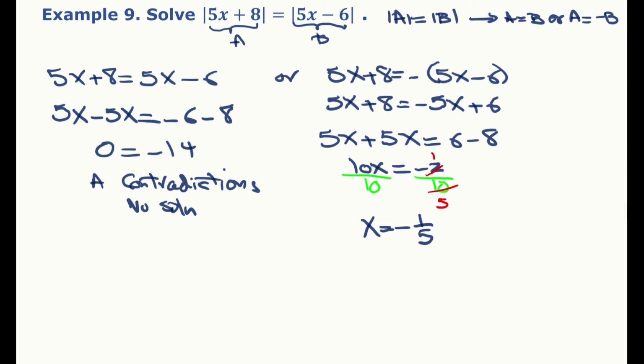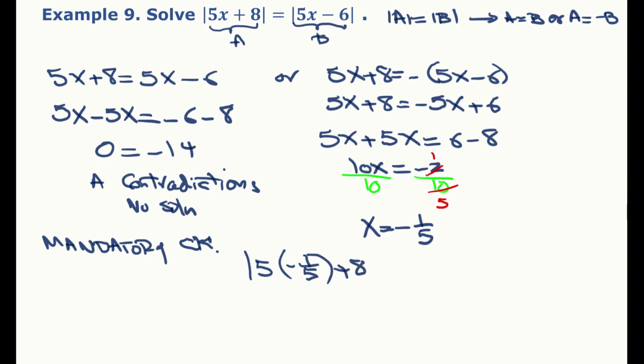And of course, remember, these are mandatory check problems because of the possibility of extraneous roots. So the mandatory check will show here. We're going to plug negative 1/5 in for x on both sides, and make sure that we end up with the same result. So we want to see if the absolute value of 5 times x, which we will replace with negative 1/5, plus 8, is equal to the absolute value of 5 times negative 1/5, which is x, minus 6.